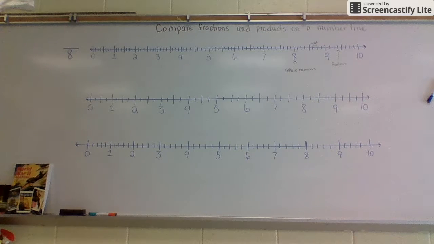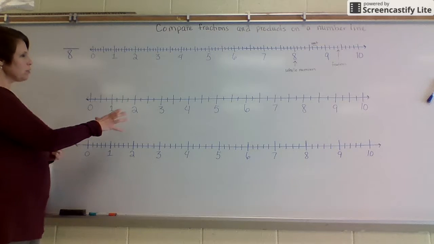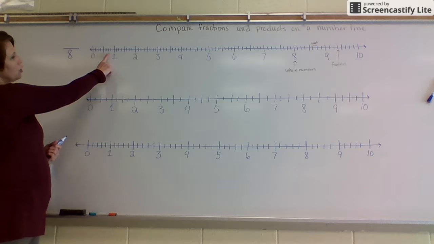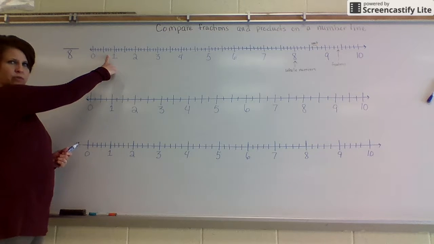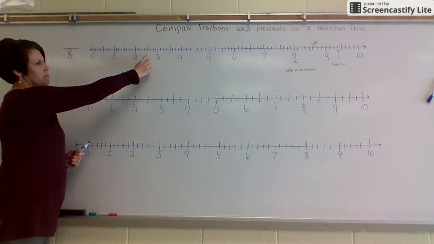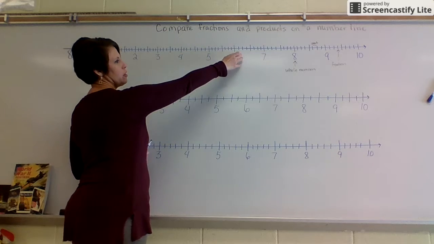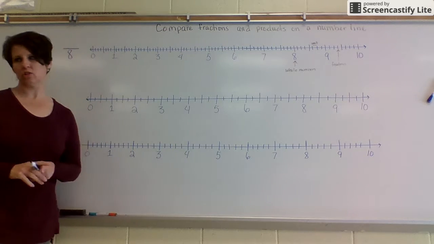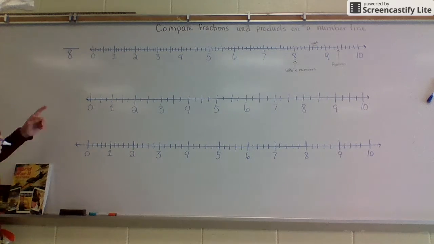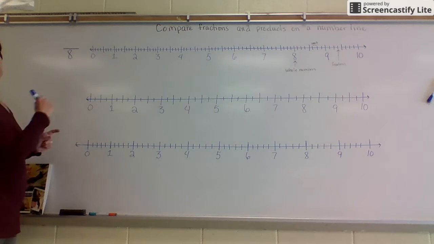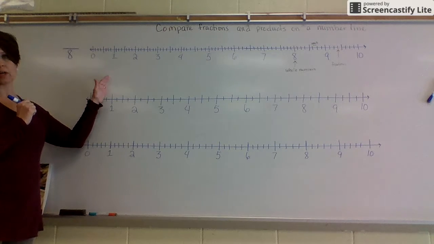Yes. Okay, so on a number line, if it's a correct number line, however many units you have between these whole numbers will be the same the whole way throughout the number line. It shouldn't change.